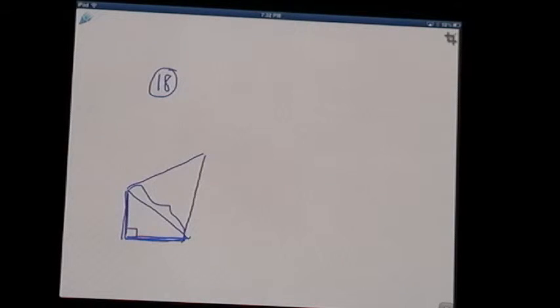Okay, we're going to do number 18. Now, if you remember, we talked about if you have a right triangle, if you stretch these side lengths longer, but you don't change the length of this side, then it's going to become an acute triangle.